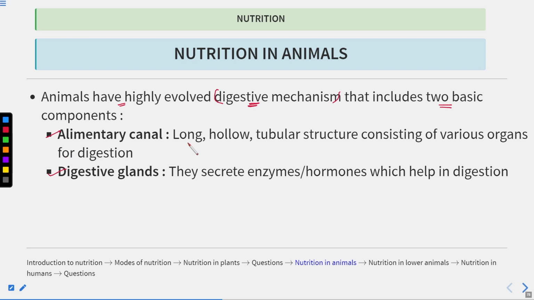The alimentary canal is a long, hollow, tubular structure consisting of various organs for digestion. All the organs involved in digestion are present in the alimentary canal. The second component is the digestive glands. What is the role of the digestive glands? They help to secrete the enzymes as well as the hormones that help in the digestion of the food materials.